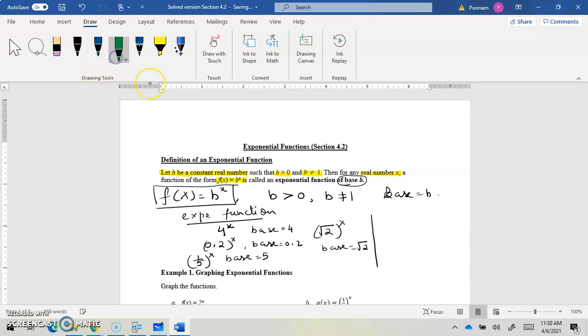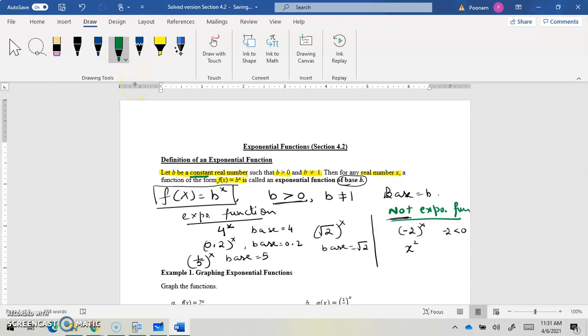What are some examples of not exponential functions? If I say, for example, negative 2 raised to power x, it is not exponential because negative 2 is less than 0. We want our base to be a positive number, right? So this is not an exponential function. Or say we have x squared.